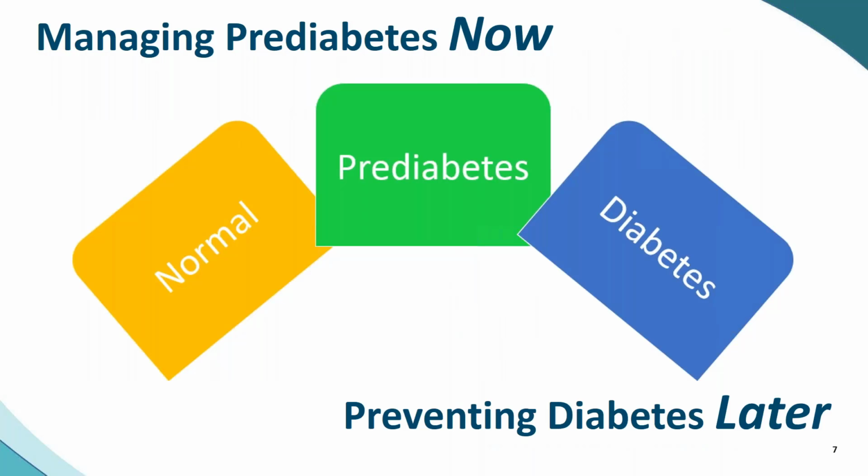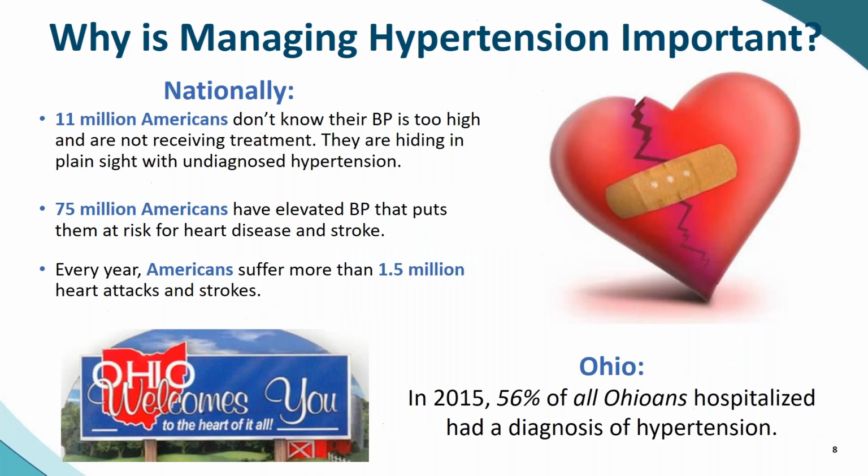By simple management and lifestyle changes, you can stop the progression. If you've read any studies on the diabetes prevention programs, the success rate is outstanding. Really make use of those programs for your patients.